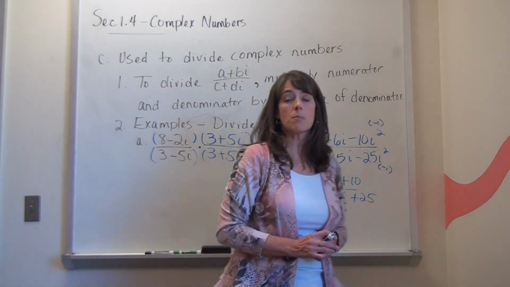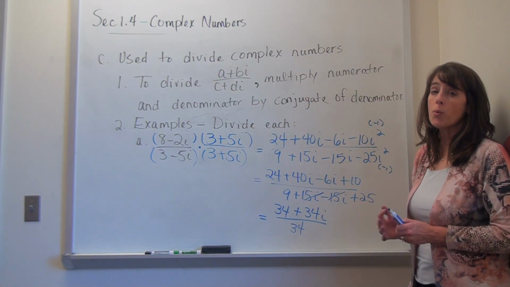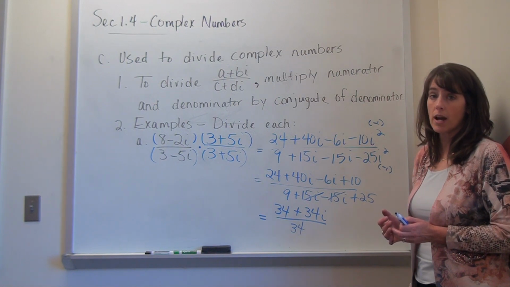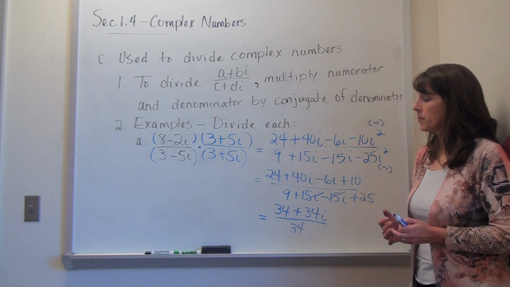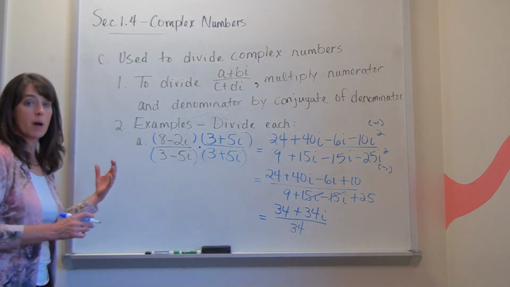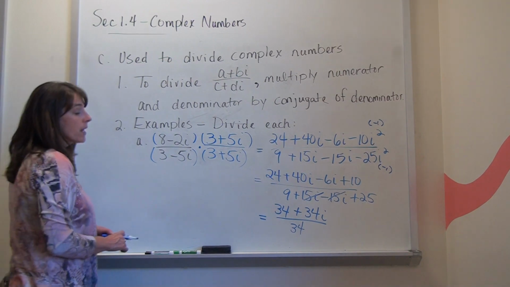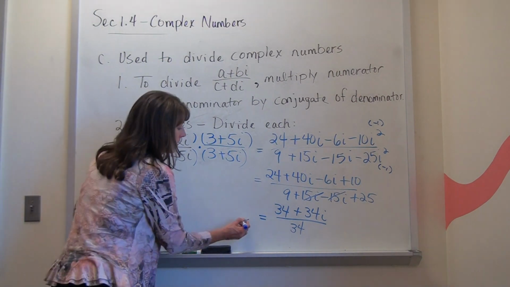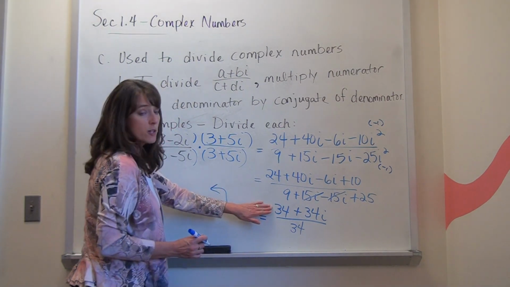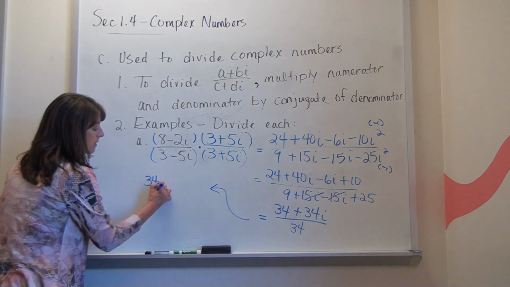Now I do need to simplify this if I can, and there's a couple of ways of handling it. If you recall when we were doing the simplification of our radicals, I said I was not going to distribute that through the parentheses first so that I could cancel on the outside of the parentheses. Same idea here. So now that I know how to factor, I can take that numerator and divide a 34 out of both of those.